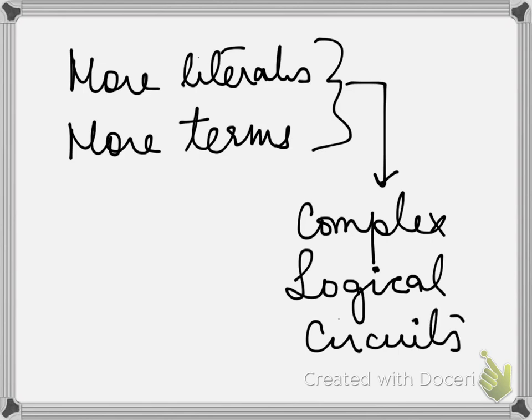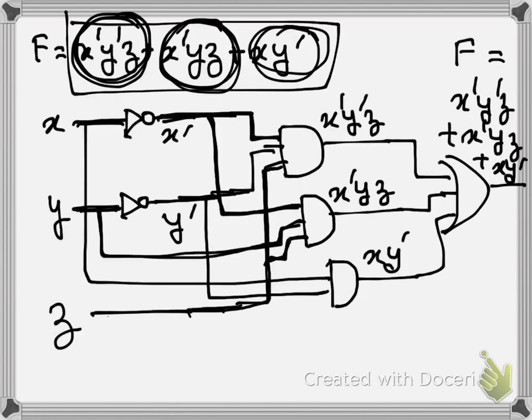Okay, and we have already seen that to represent the same logic, you can have multiple functions. This function can be written with a smaller number of terms and a lesser number of literals.